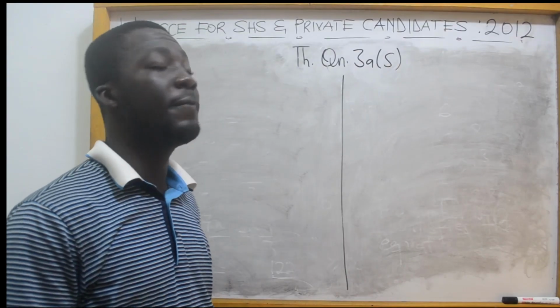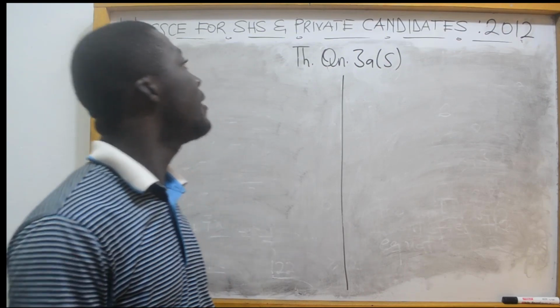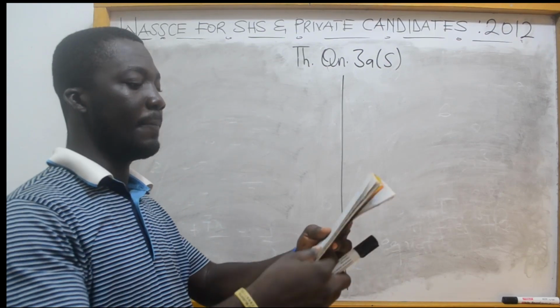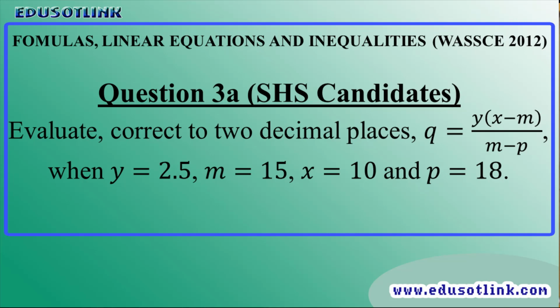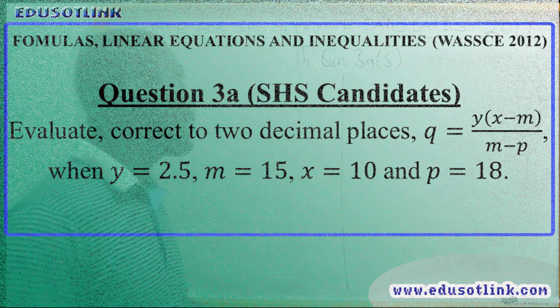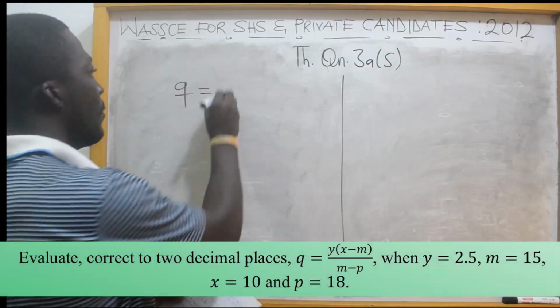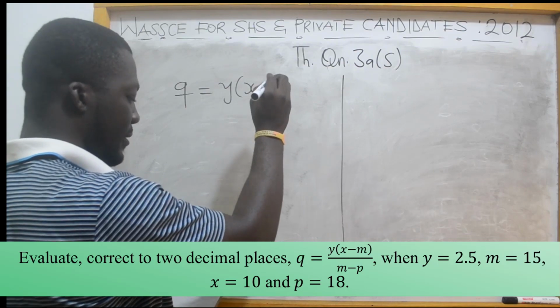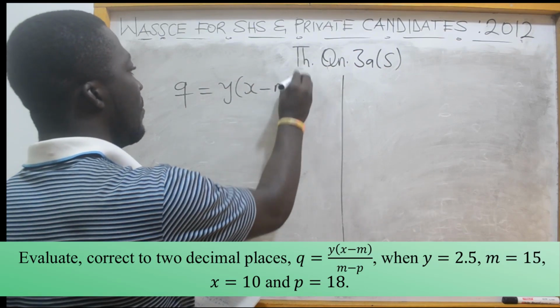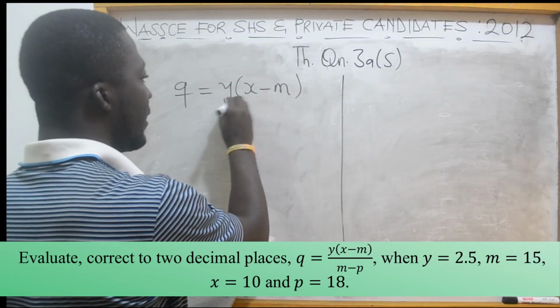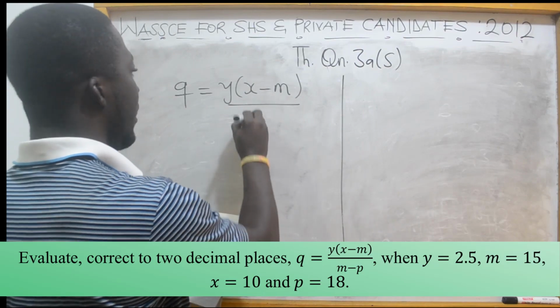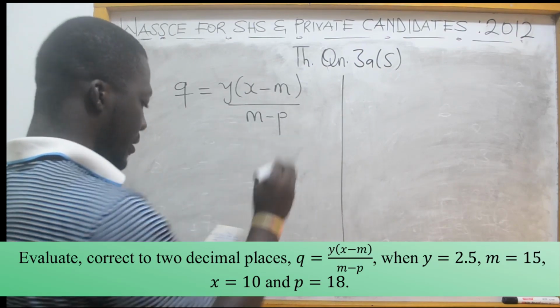Theory question 3A for senior high school candidates. It says evaluate correct to 2 decimal places. Q is equal to y into bracket x minus m divided by m minus p.